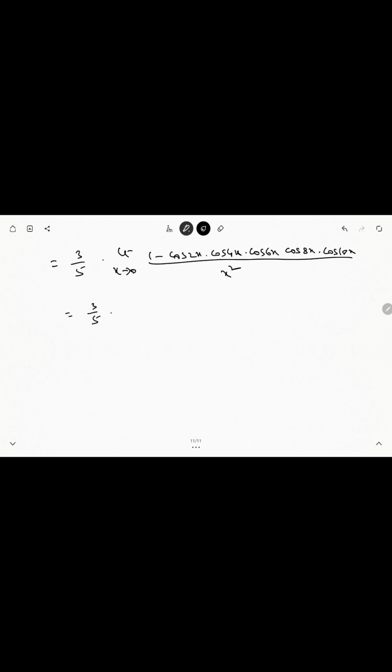So 3 by 5 into 2 square plus 4 square plus 6 square plus 8 square plus 10 square by 2.